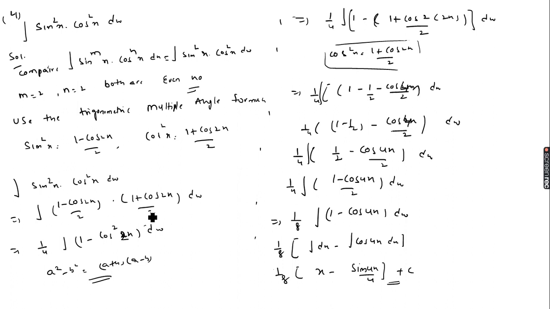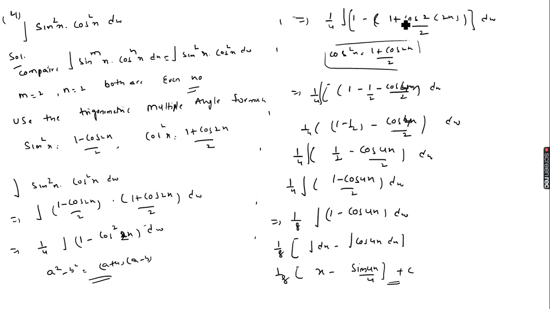So therefore 2 into 2, 4, that is 1 by 4 into a plus b into a minus b, that is a square minus b square. We get cos square of 2x. And cos square x can be written as 1 plus cos 2x by 2. In the same way, we expand cos square 2x, nothing but 1 plus cos 2 into 2x by 2.